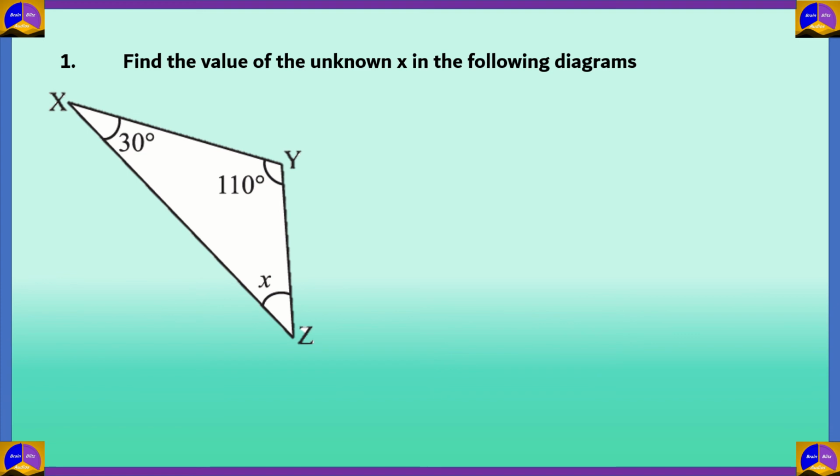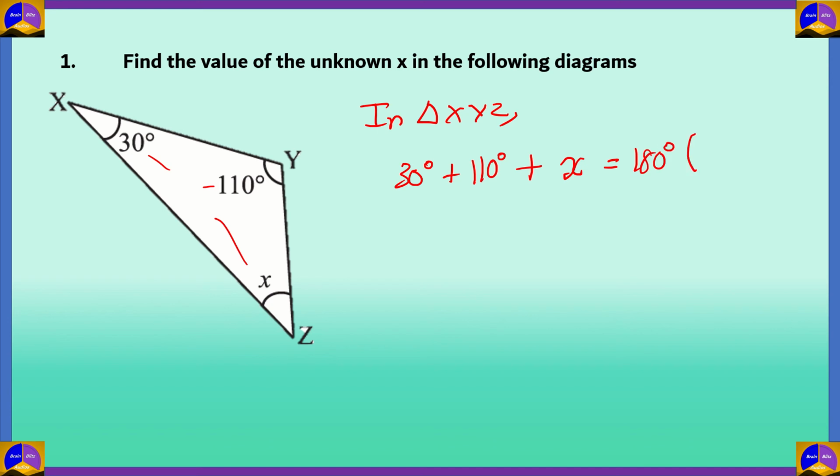Next question. We have to find the unknown x in the diagram. We have the interior angles for triangle XYZ as 30 degrees, 110 degrees, and x. So in triangle XYZ, 30 degrees plus 110 degrees plus x would be equal to 180 degrees.